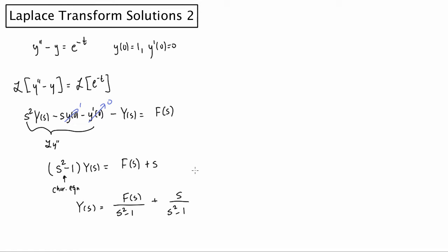And so I need to look at the inverse transforms of each of those pieces. So let's start with the inverse transform of f of s over s squared minus 1. Well, the Laplace transform of e to the negative t is 1 over s minus a, with a negative 1, which would be s plus 1.